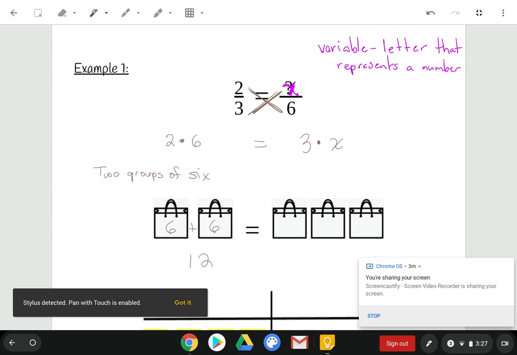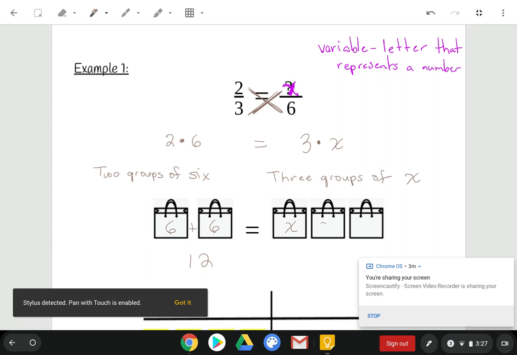But a lot of kids don't necessarily know what 3 times x is. So, following the same reasoning, 3 times x is just 3 groups of x. Okay, so again, we have 3 shopping bags, and in the first shopping bag, we have an x. That's one group.